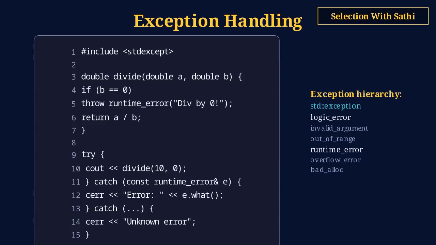Always catch by const reference, catch (const exception& e), to avoid slicing derived exception types and unnecessary copies. Catch with ... catches any exception type. Use it as a last resort fallback, but prefer catching specific types.